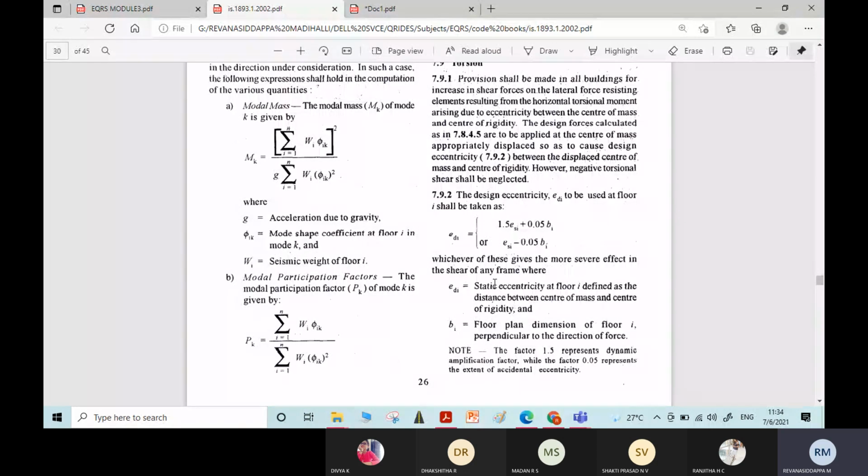The explanation for each of the terms is given below.